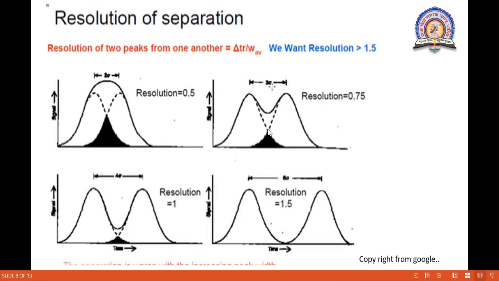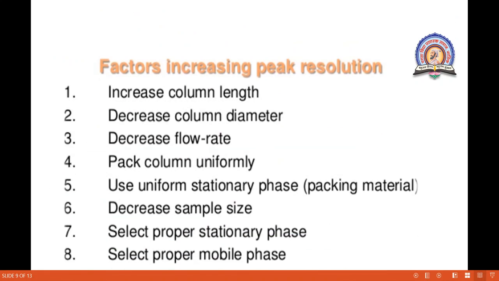That's why there is no separation. Then if the resolution is 1, we are getting two separate peaks. And at the last, if the resolution is 1.5, then we see two separate peaks and they show the better resolution. Okay.